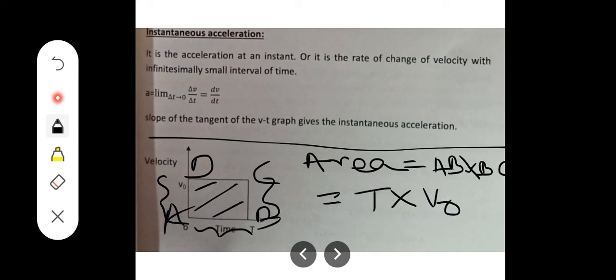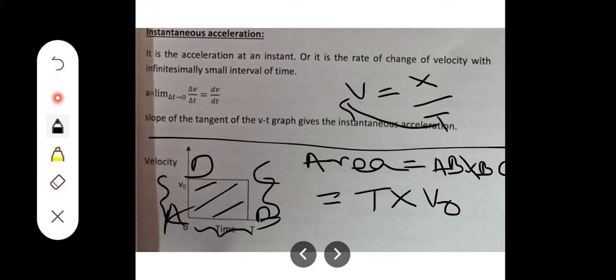So I'll write here velocity equal to displacement by time, isn't it? Velocity equal to displacement by time. So if I have time into velocity, I just bring this t over, and time into velocity is equal to x.